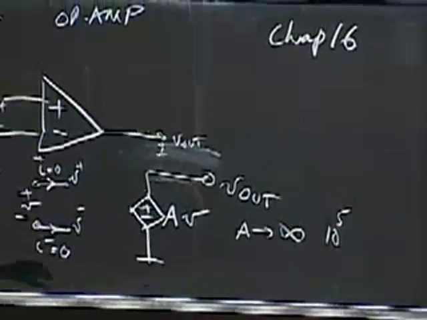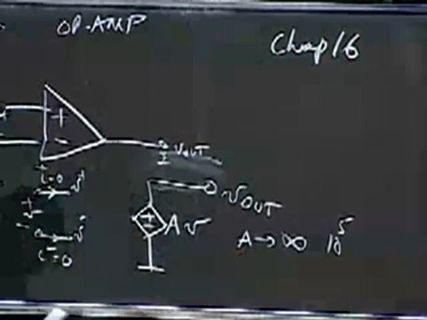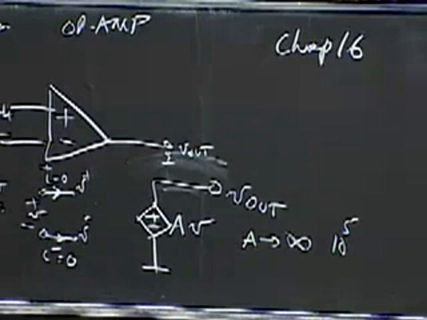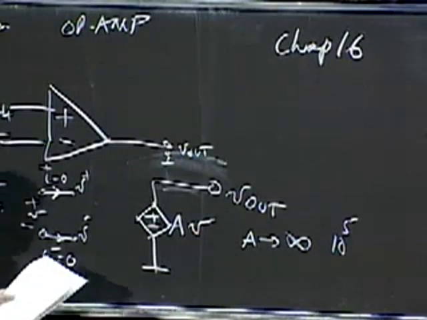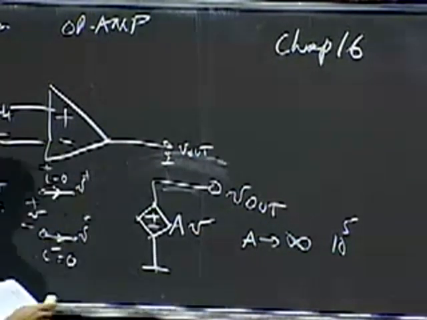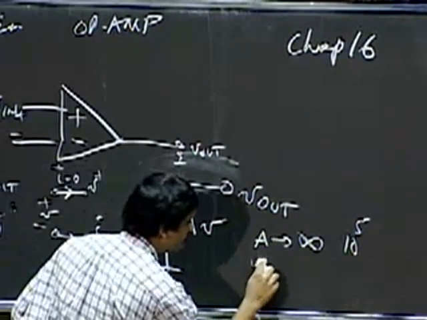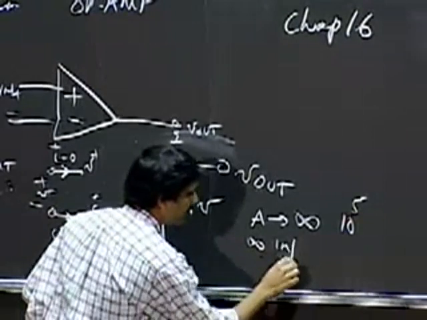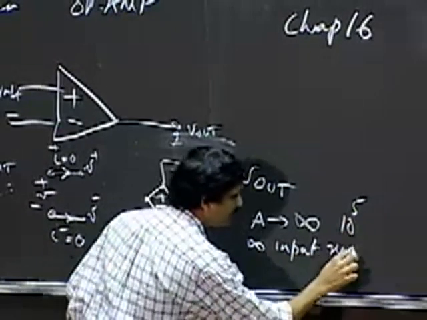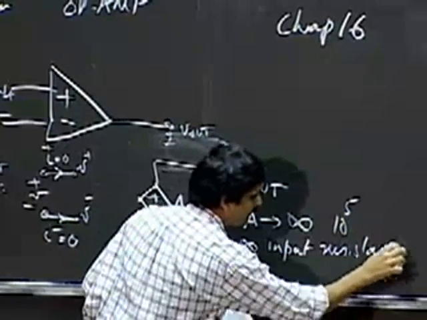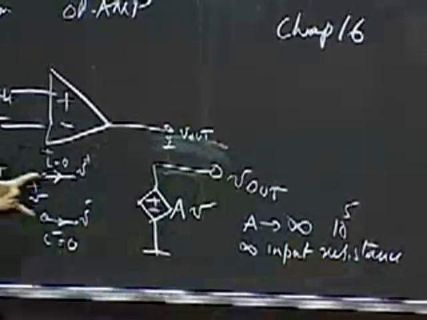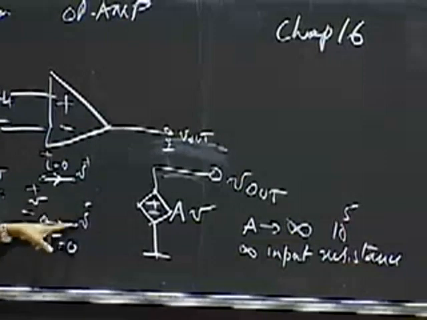Okay, huge A in this abstract amplifier. In addition to that, the other properties are that it's going to have infinite input resistance, infinite, that means looking in, this looks like an open circuit.